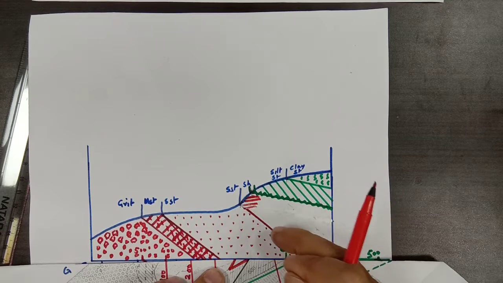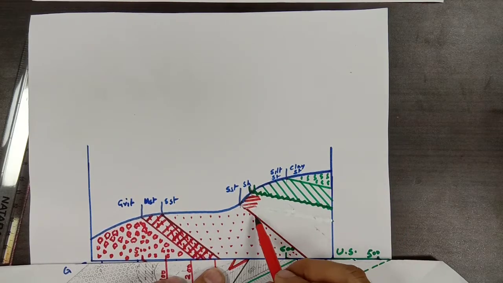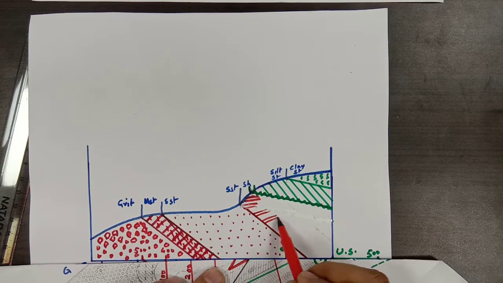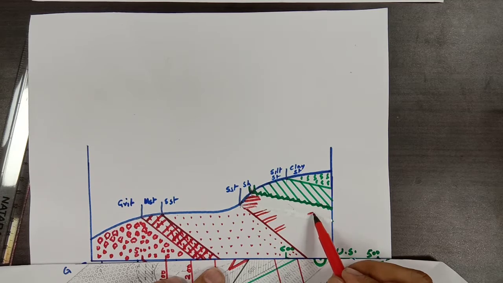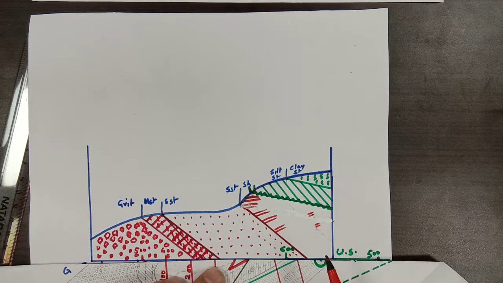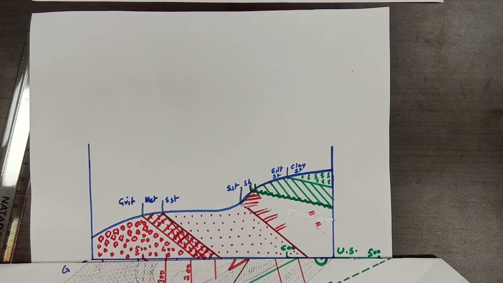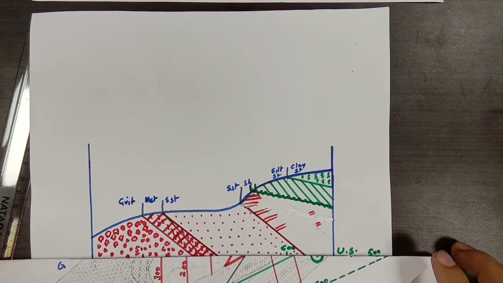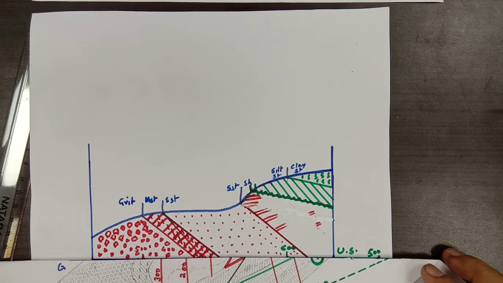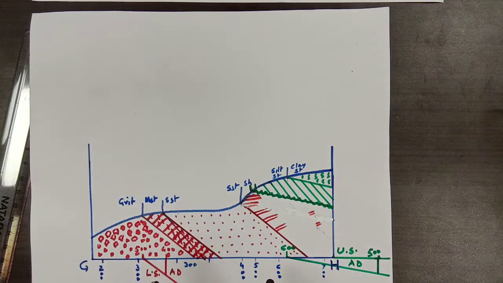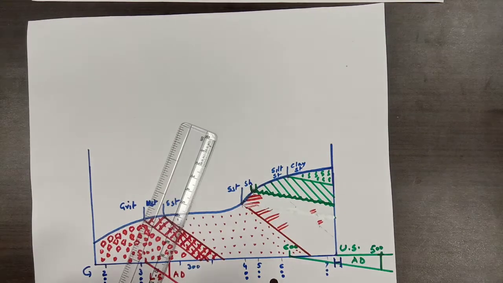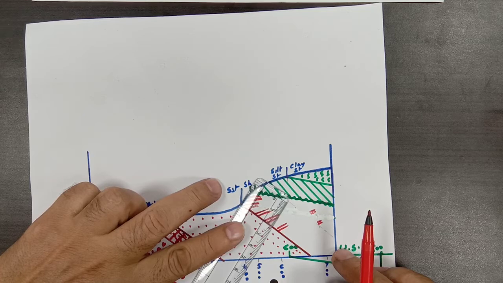But how it is extended under the ground, we don't know. So yes, we have shale, but is it present all through or not? We know the thickness of shale is 200 meters. In this section, I have got the lower contact of shale.